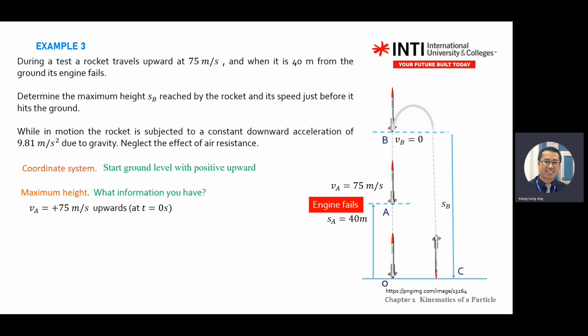Which one gives you most of the information with only one parameter missing? This one, you have this, this, this, you don't have this one. But the question doesn't ask you for time, right? So this one, reject. This one, you have this, you have this, sorry, you don't have this one, you don't know the last position. You have this one, you have acceleration, you also don't have time. You have more than two unknowns, reject.